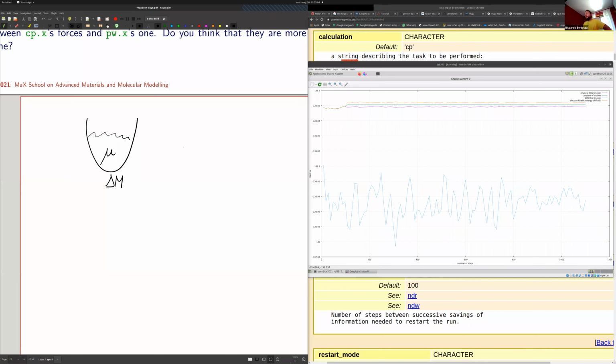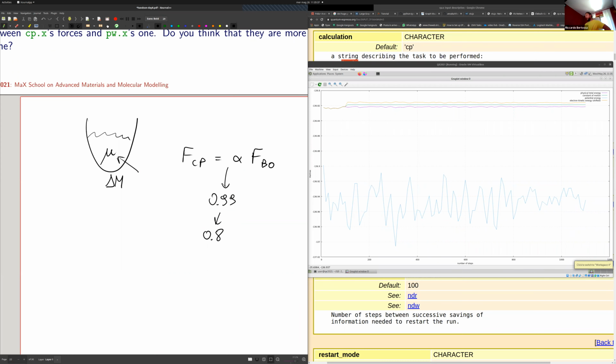It is reflected in the fact that the forces calculated by CP are a fraction of the forces calculated with the true Born-Oppenheimer method. This is usually like 0.99, something like that, so it is nothing to worry about, but be aware that if you put this too large, this number can go to something like 0.8.